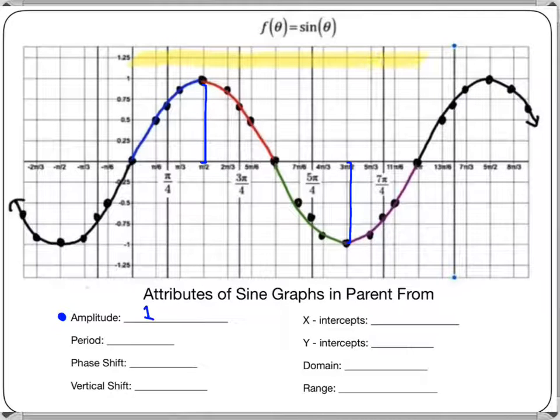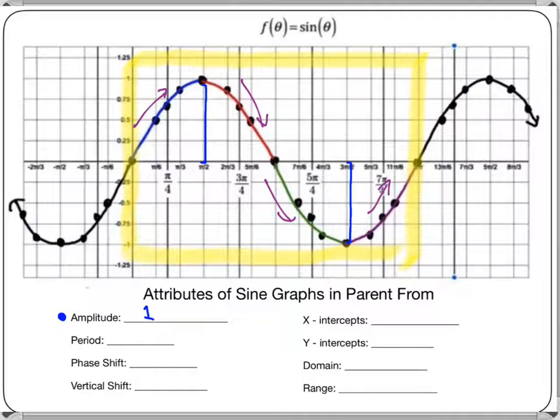If we look at just this section of the graph, right here, we notice that it goes up, then down, then up again. And then it starts to repeat itself right here. Once it starts repeating, we know that the period is over.